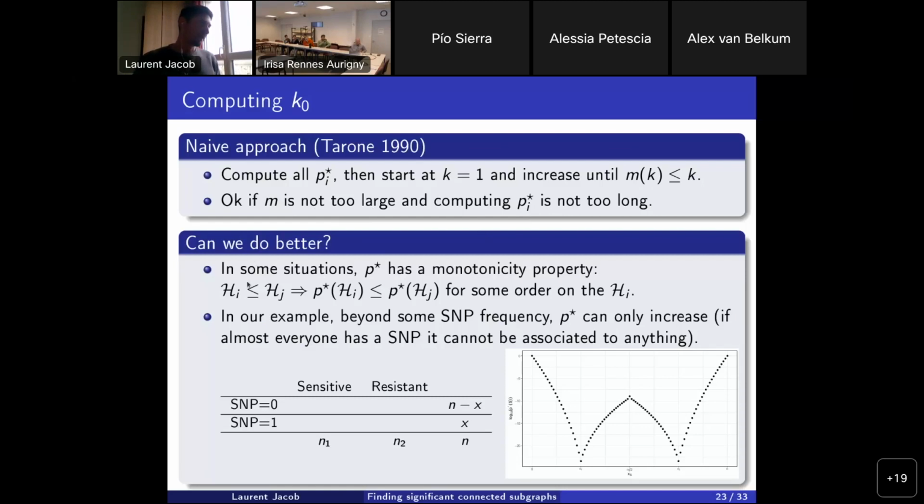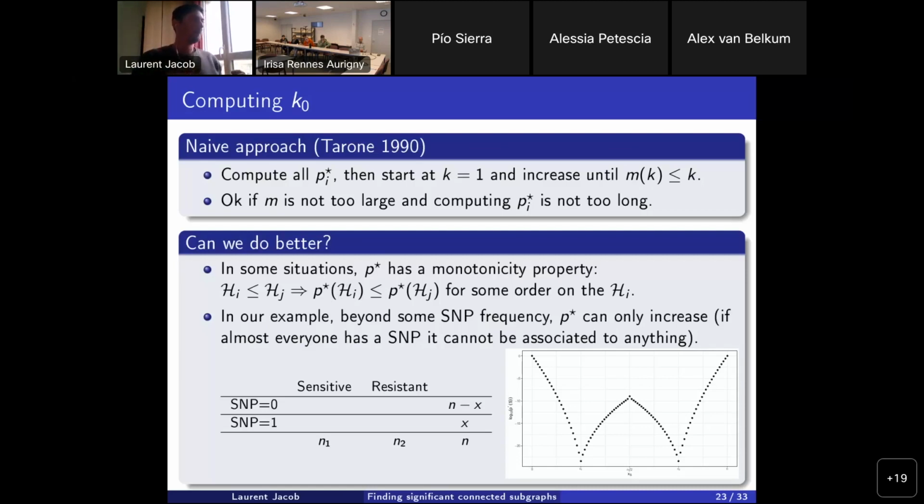In some situations, including ours, the minimal p-value will have a monotonicity property in the sense that for some pairs of hypotheses, we will be able to say this hypothesis is smaller than this second one. And if this is the case, then the minimal p-value of the second one is necessarily larger than the first one. And if you keep in mind the example I had, that's the inclusion for us, right?